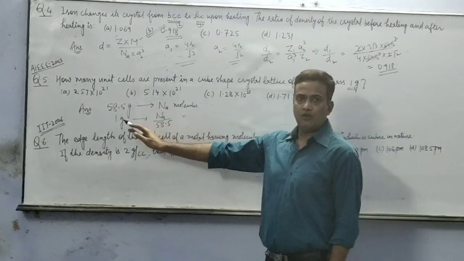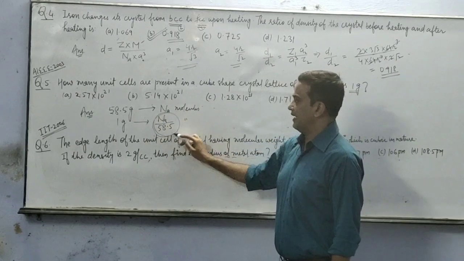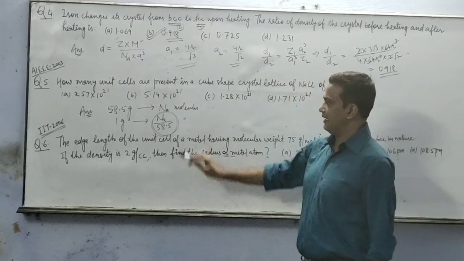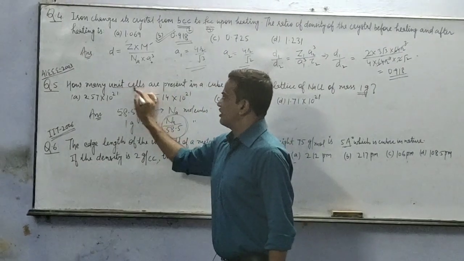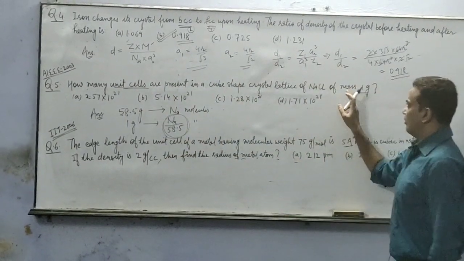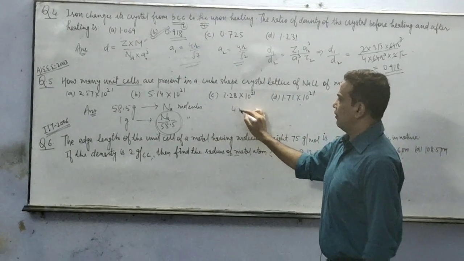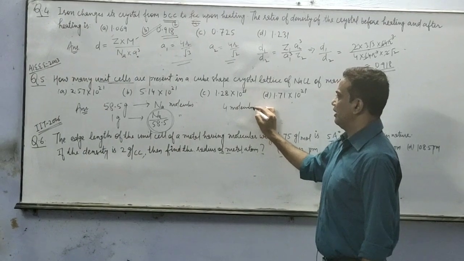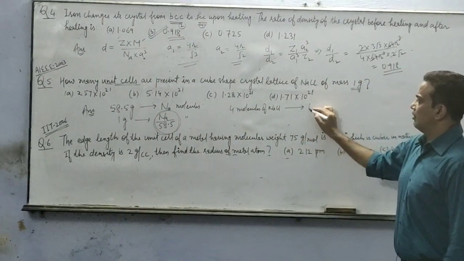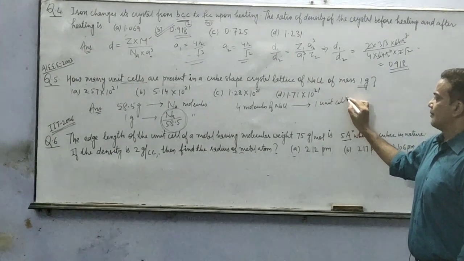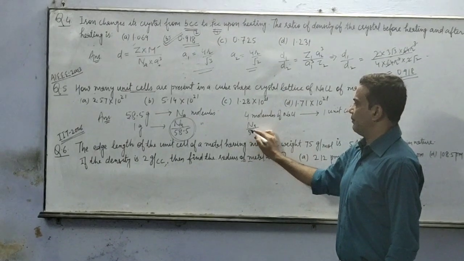Na is the Avogadro number. You have to find out the number of unit cells. Now from the rock salt structure of NaCl, we know that 4 molecules are present in 1 unit cell.